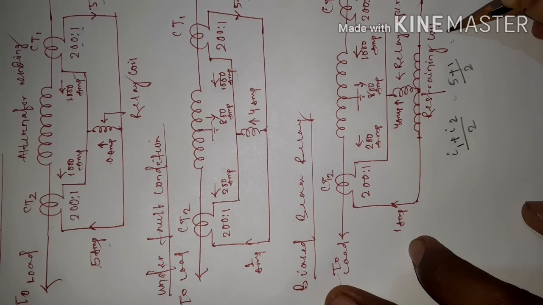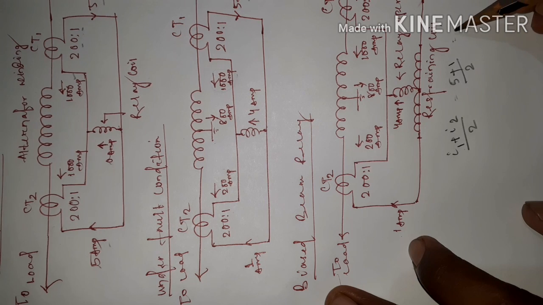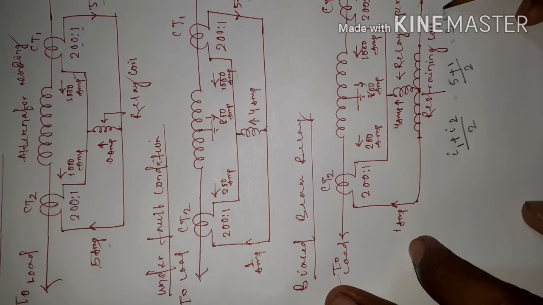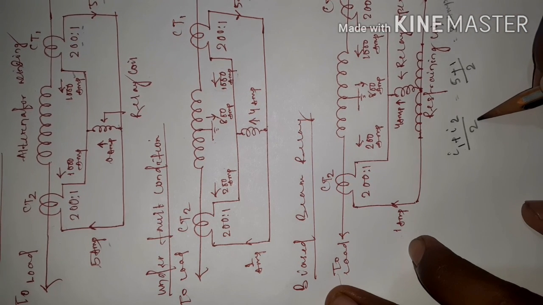So the current flowing through the restraining coil is 3 ampere. This formula was derived in the note, and this PDF was given in the WhatsApp group.